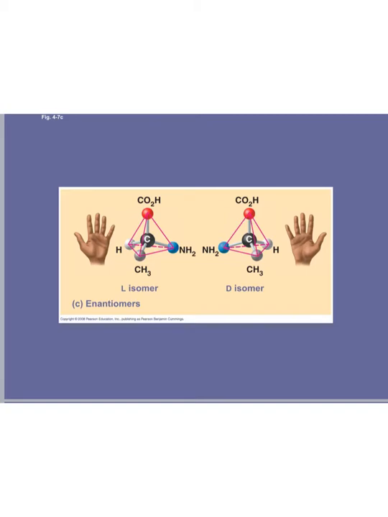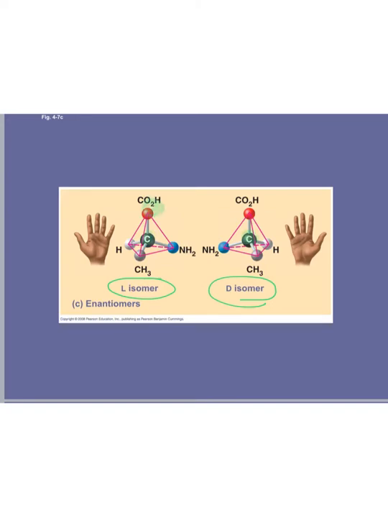So for enantiomers, we have what are called L or left-handed enantiomers and D or right-handed enantiomers. So why they call it D and not R, I don't know. I can't tell you. But they're called L isomers and D isomers. You can see we have the same basic structure. We have a carbon central atom.